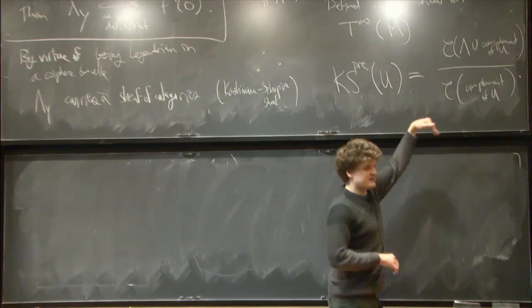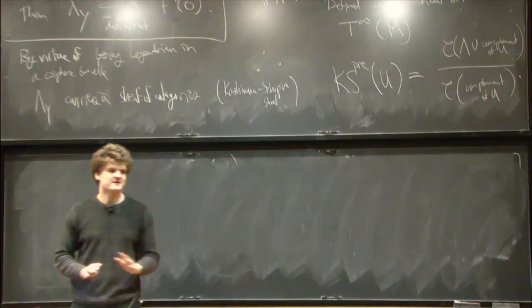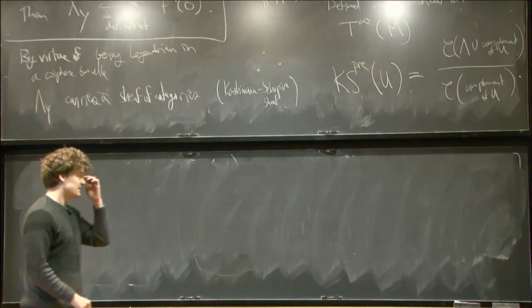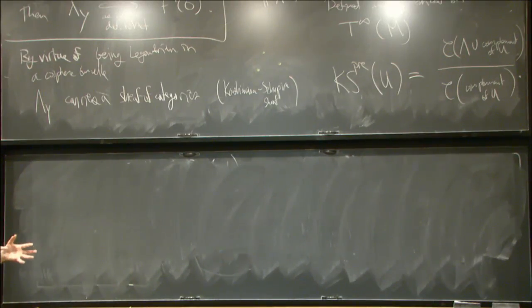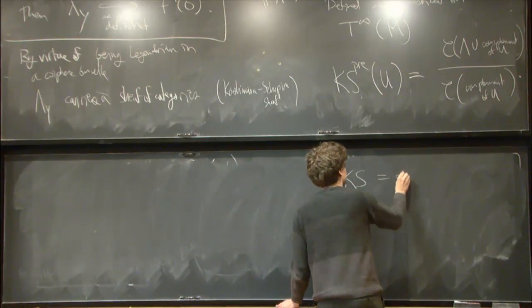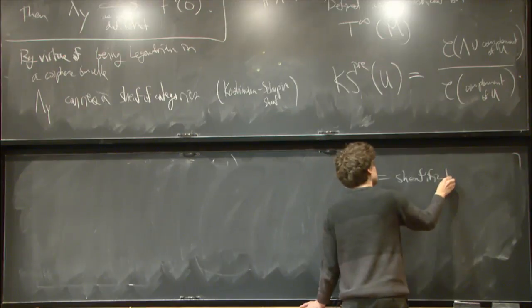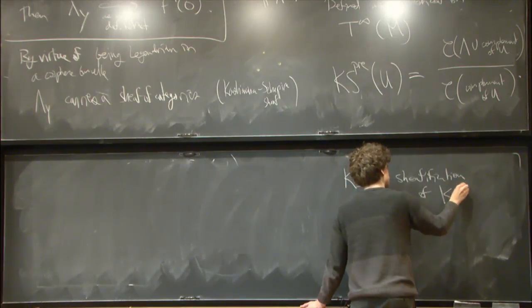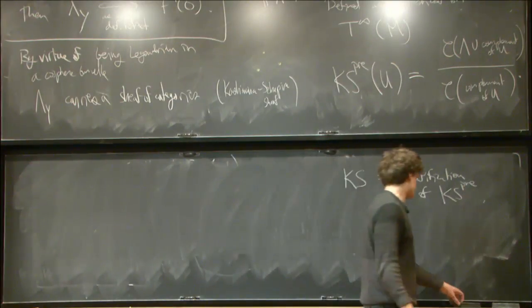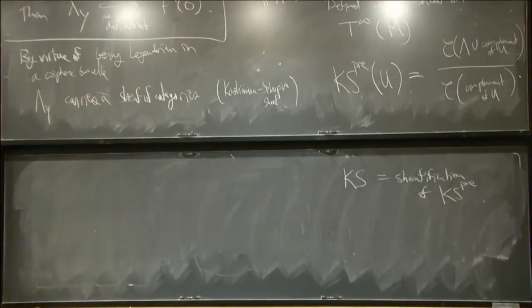Both the numerator and the denominator of this quotient are very big categories of all sheaves on M, with only some condition imposed inside of U. So then this KS ought to be the sheafification of this pre-sheaf.